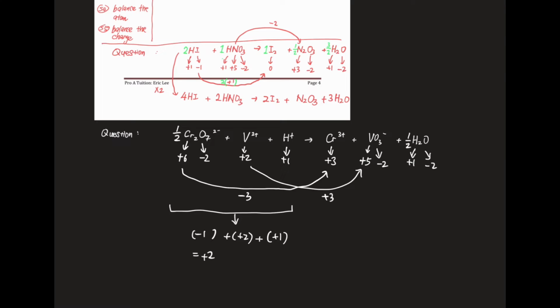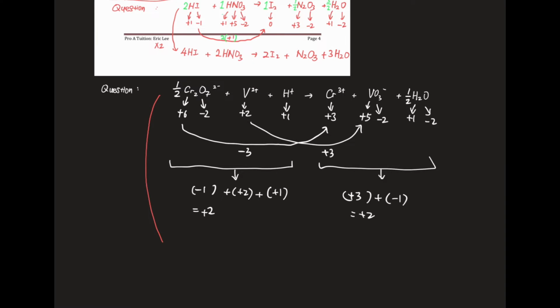Now let's check the right hand side. Cr3 plus is plus 3, minus 1, positive 2. So it is balanced. That means the equation has been balanced in the correct way. Normally we will do one more step, times 2, to get rid of fractions.